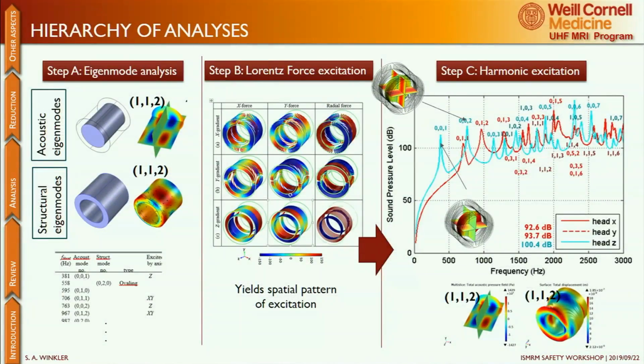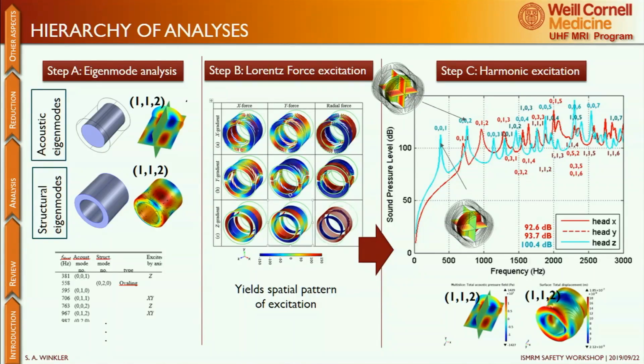So step A to C are outlined here in a summary. There's going to be more details, so don't feel overwhelmed. First of all, you can look at the eigenmodes. So there are two types. One is the acoustic eigenmode, which is basically the sound waves that can resonate in this air cavity inside the gradient coil. And the structural eigenmodes are basically the eigenmodes that form with this structural vibration of the epoxy shell.